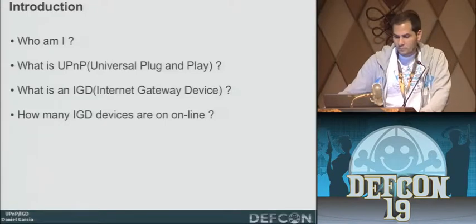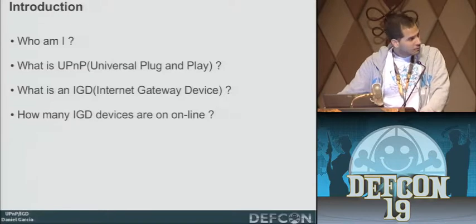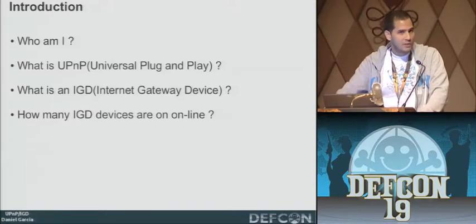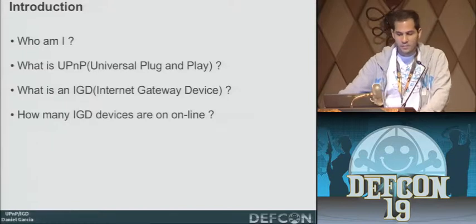IGDs are basically found mostly on DSLs and some other devices. Cable modems, not that much, because cable modems usually are bridged. But if something is routing and doing PPP, it's probably doing IGD.